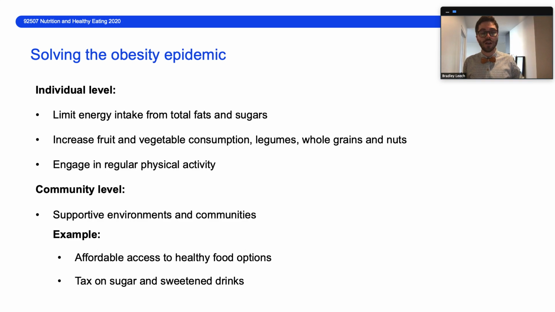To engage in regular physical activity. On a community level, to make the community supportive. Examples of this are potentially easier access to healthier food options. Tax on sugar and sweetened drinks. Just a few examples.